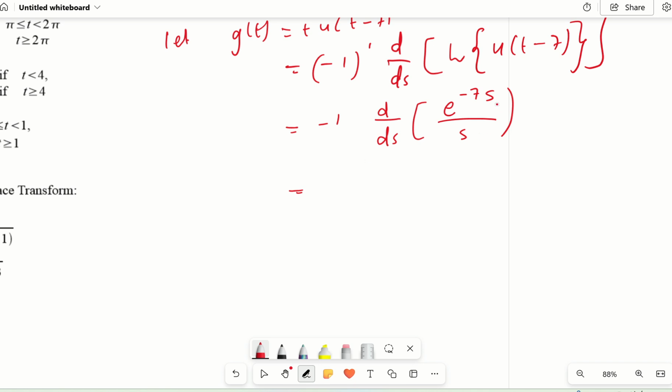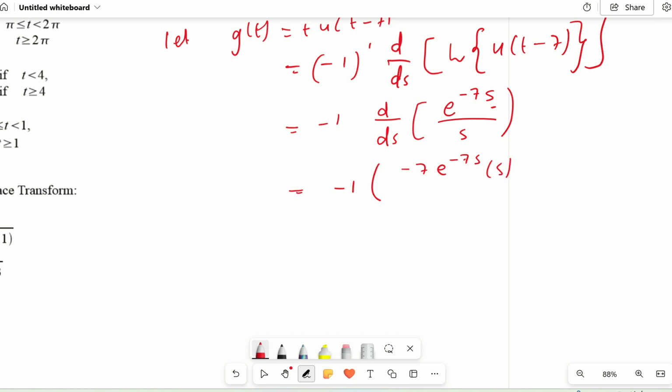And we're going to differentiate what's inside. We're going to use the chain rule, and I'm sure we are familiar with the chain rule method. So we are going to differentiate the top one. Excuse me, it's negative 1 here. It's going to be negative 7 e to the negative 7 s.